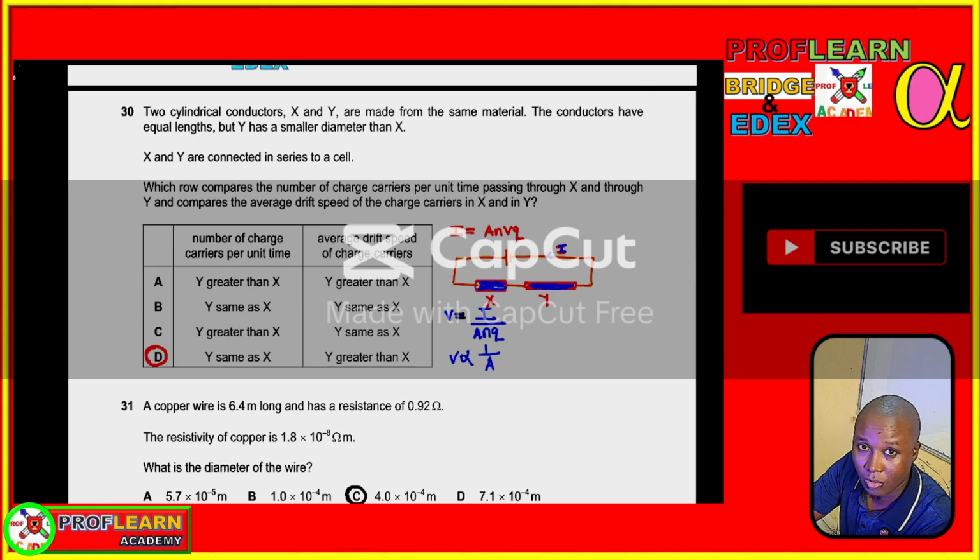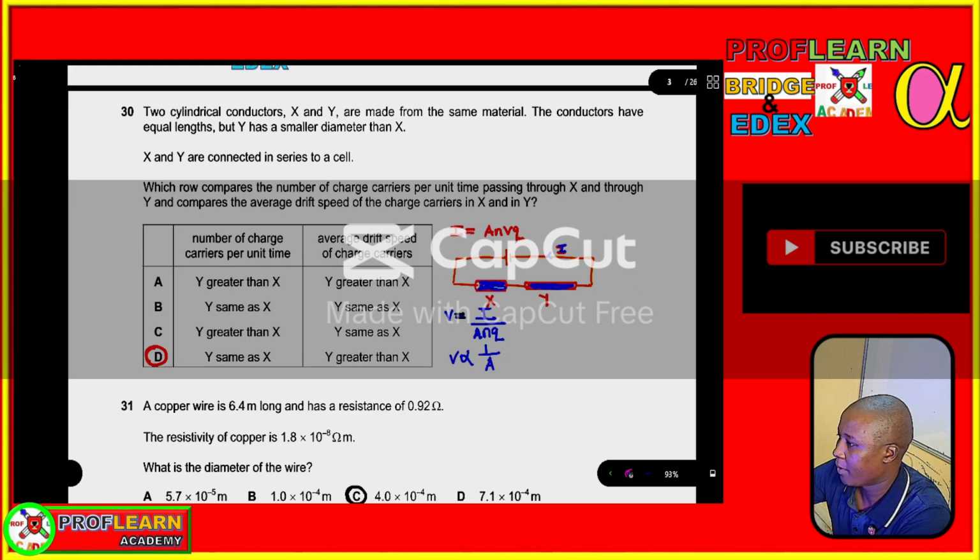Something that we need to understand here is that when the two conductors are connected in series, they are going to have the same current. The same amount of current is going to pass through here, so current I will be the same.